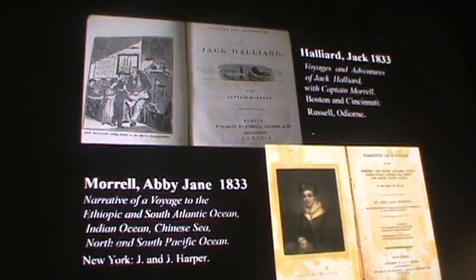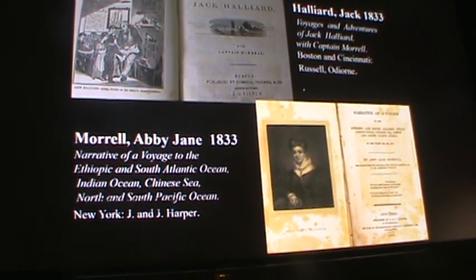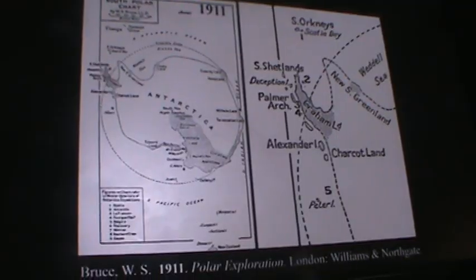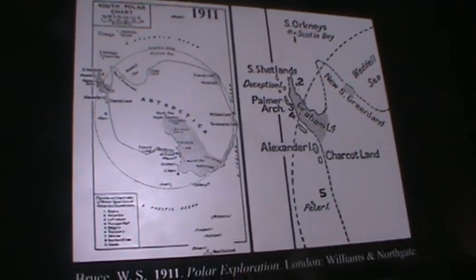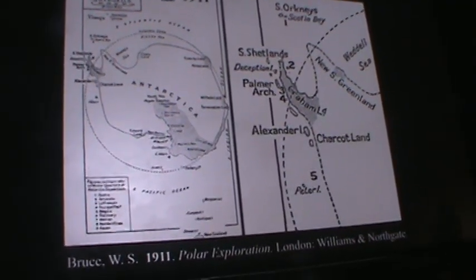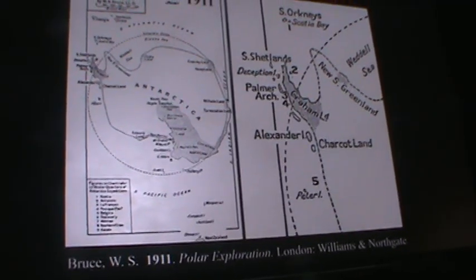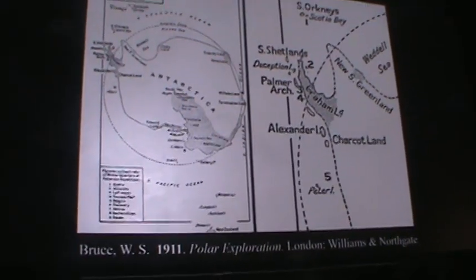Morrell did make a number of discoveries. One, New South Greenland, even occasionally called Morrell Island. Here we have a map that William Bruce produced in 1911. And look at it. You have the Antarctic Peninsula. I've blown up that section here, and there's New South Greenland, this land reported by Morrell. Morrell is also a fellow who, looking for seals on South Georgia, reckoned he'd sailed around the entire island and examined every harbour and anchorage in 4 days.